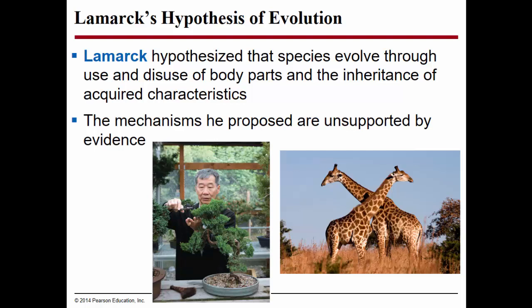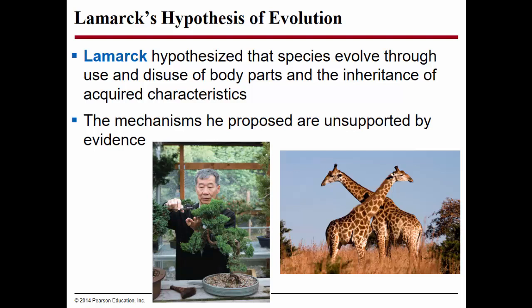He proposed a theory called the inheritance of acquired characteristics. Acquired refers to the fact that these organisms developed or picked up certain traits during their lifetime, and that the more they changed during their lifetime, the more they would pass those traits on to the next generation.